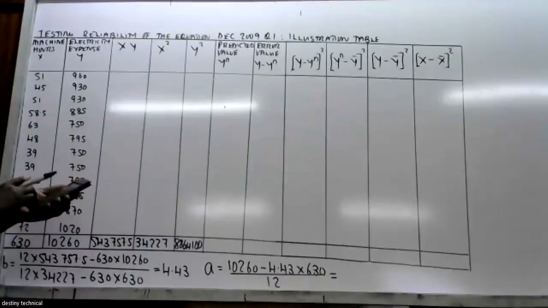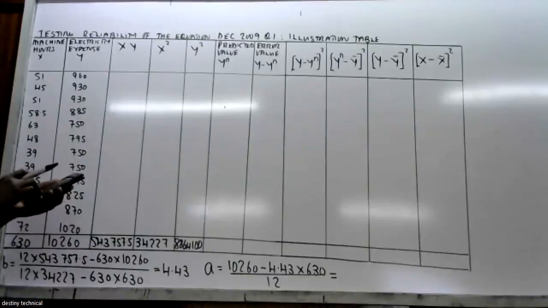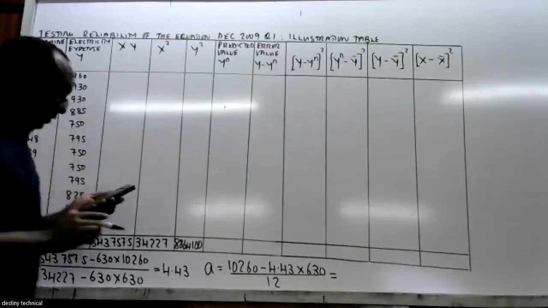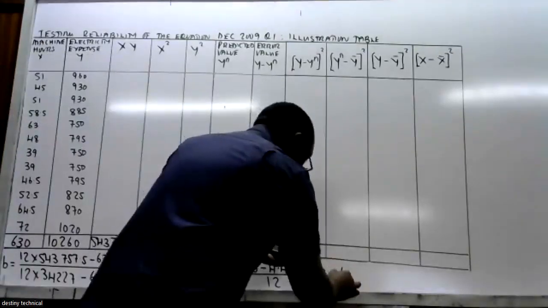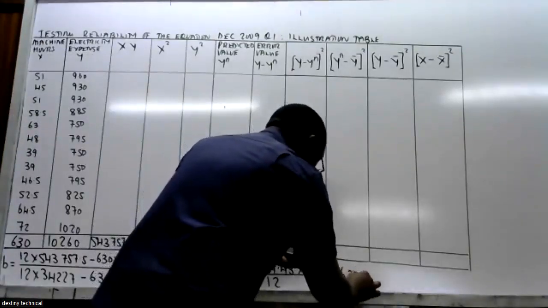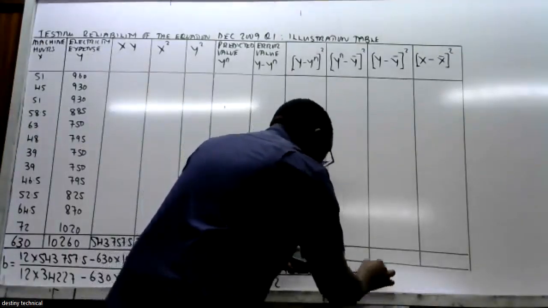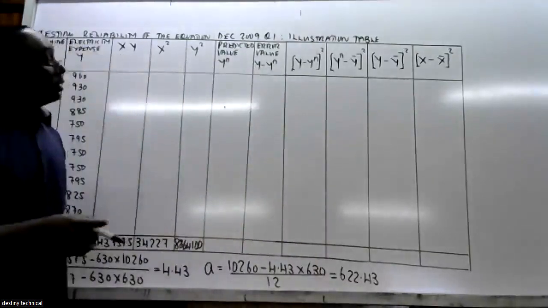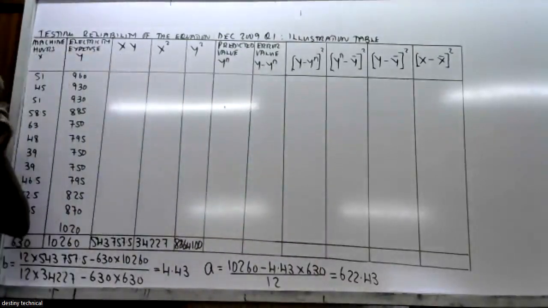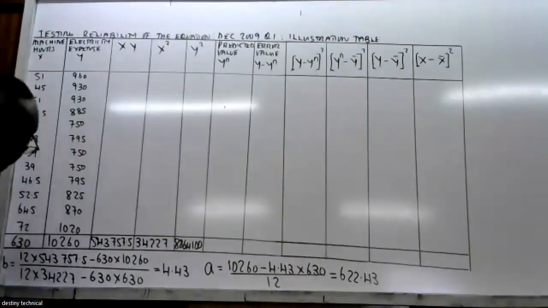Then 10,260 minus 4.43 times 630, divided by 12, is 622.43. Yes, correct. Good.